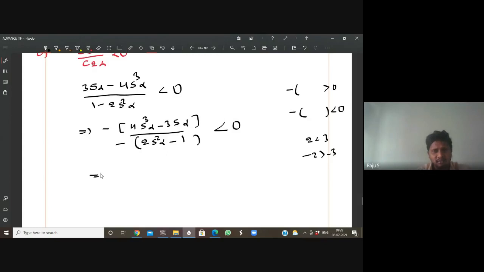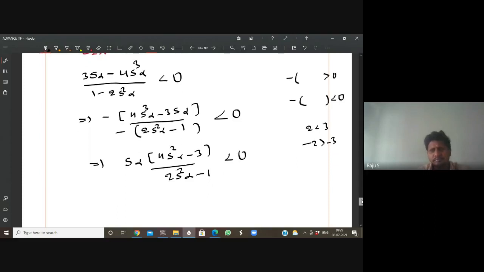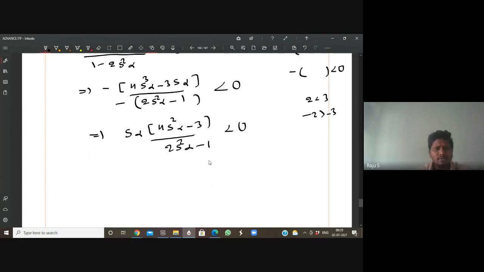Then, see here, sine alpha is common in the numerator. So the remaining is 4 sine square alpha minus 3 by 2 sine square alpha minus 1, lesser than 0. What do you observe here, students?